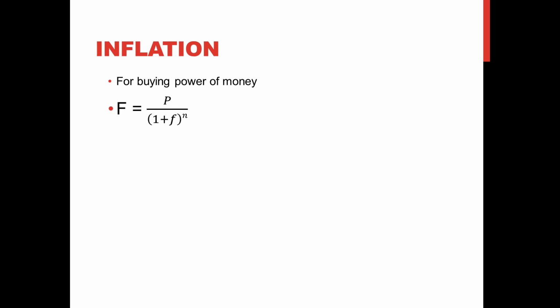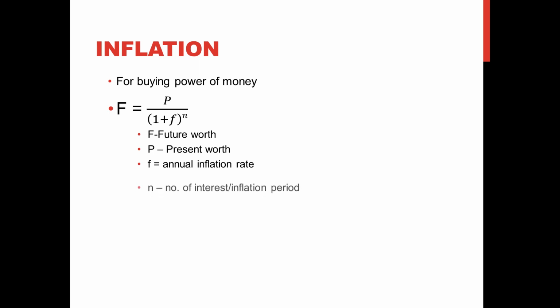So F and P as well as F and N are involved here, wherein F is the future worth, P pertains to the present worth, F is the annual inflation rate, and N is the number of interest or inflation periods.